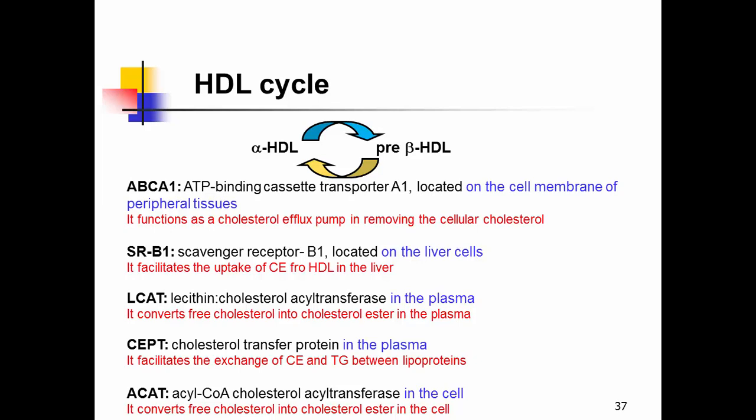So in order to be internalized to the lipid core in the HDL, the free cholesterol initially picked up from peripheral tissue needs to be esterified to cholesterol esters. This esterification occurs in the plasma in the alpha HDL and requires the enzyme LCAT.